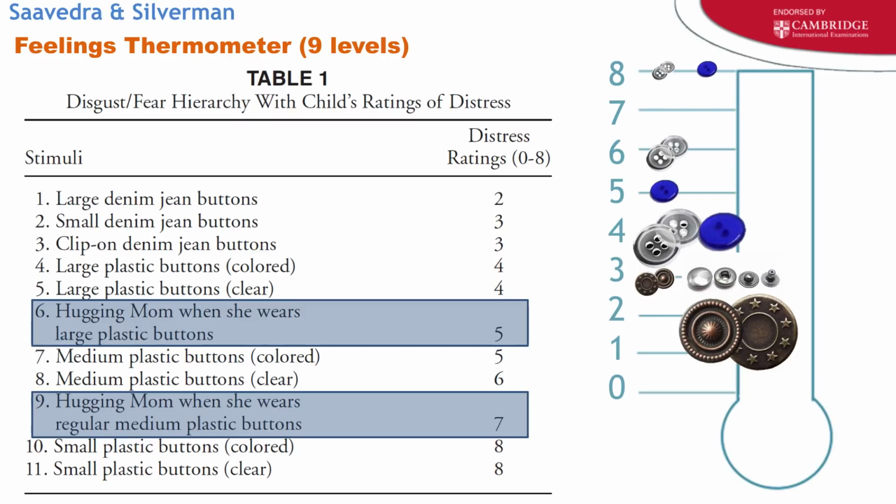And they asked the boy to rate different types of buttons according to how much distress they caused. You could take some time to look at this fear rating, but please keep in mind that the smaller the buttons go, the higher on the anxiety chart they rate, which may be the opposite of what you would expect. He doesn't like small, clear, or small plastic colored buttons.